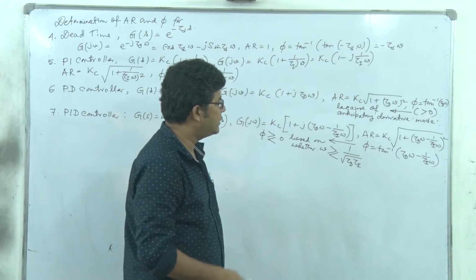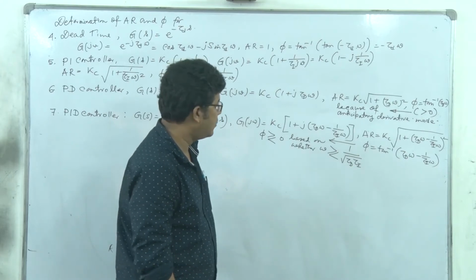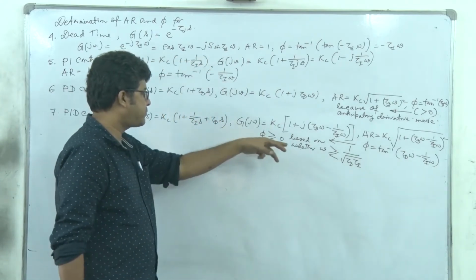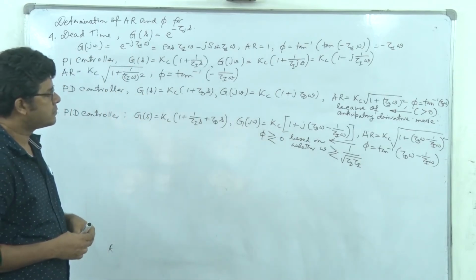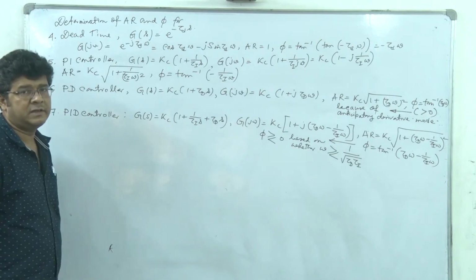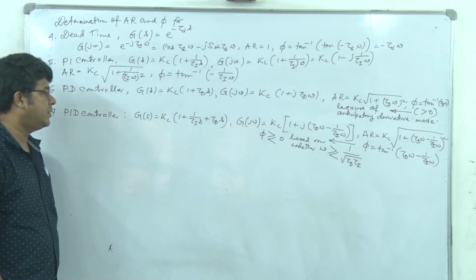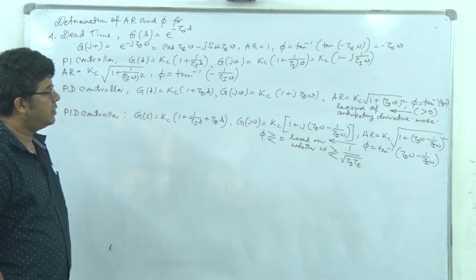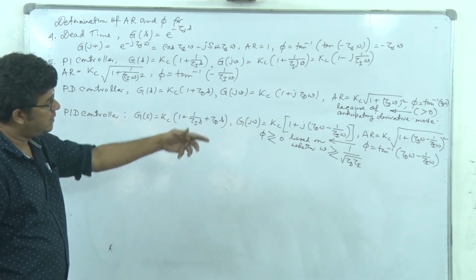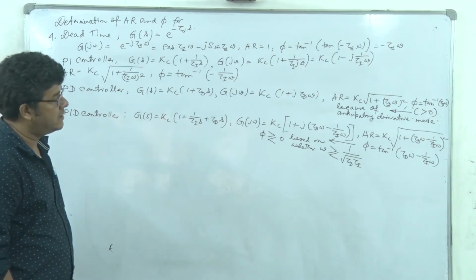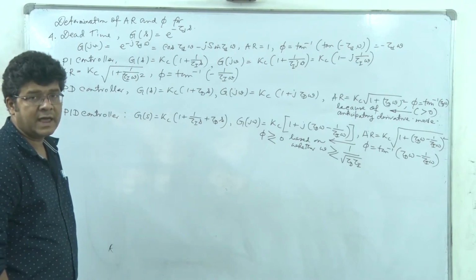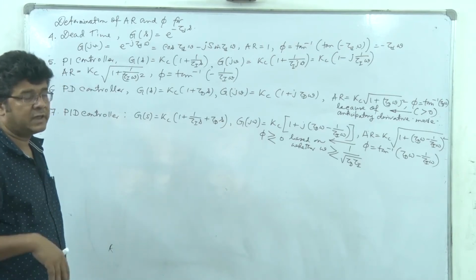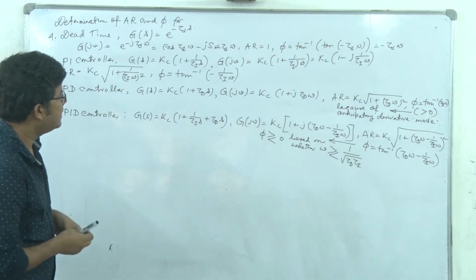If it is higher than this value, it will be negative. So the PID controller is neither a pure lag nor a pure lead. Basically it will function as a lead over a specific range of frequency and as a lag over the second range of frequency.